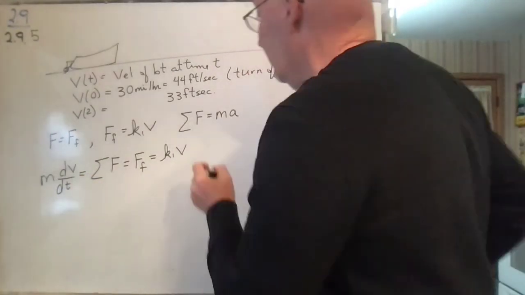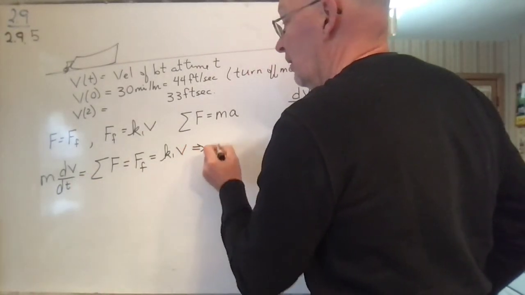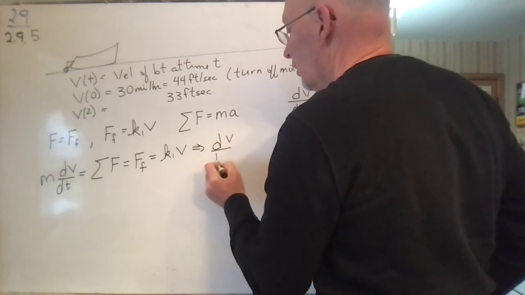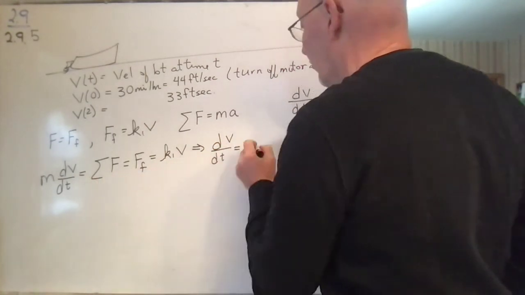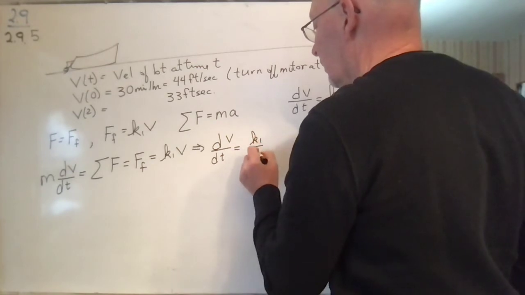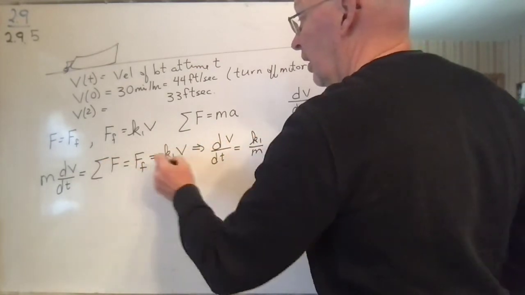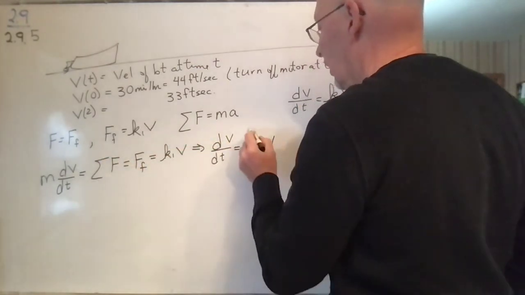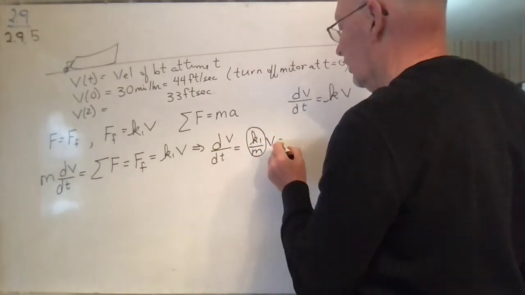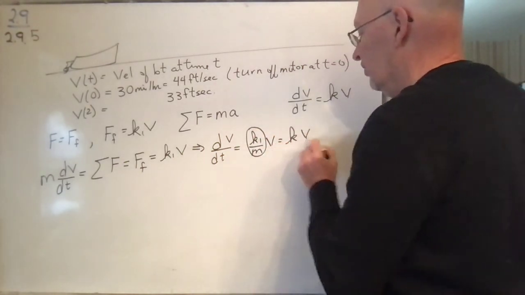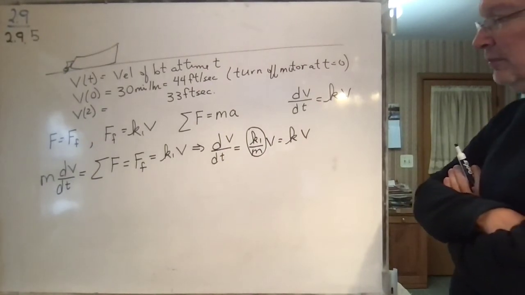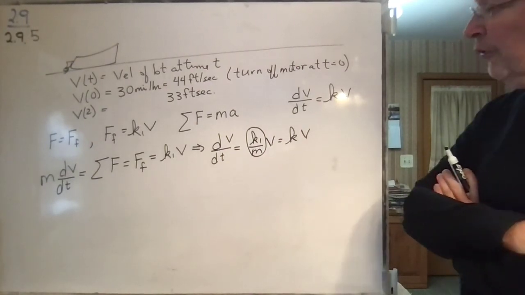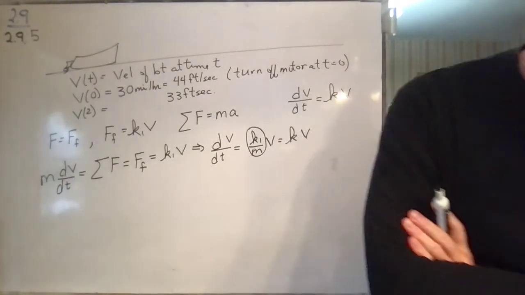So now you can write dv/dt is equal to what? K1 over m times v, right? And this thing here is just another constant. So there's your differential equation, and that gets you started.